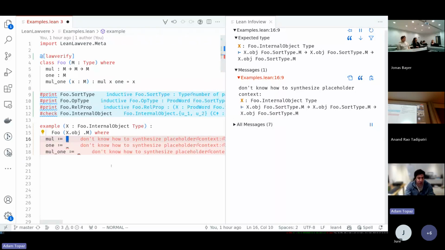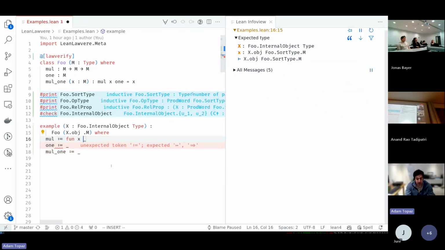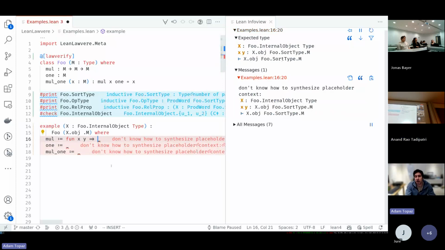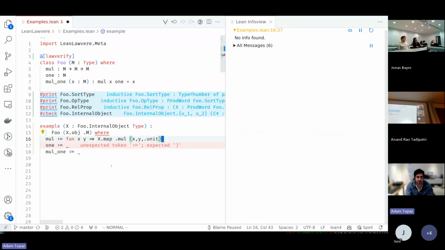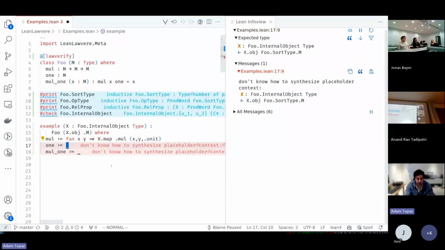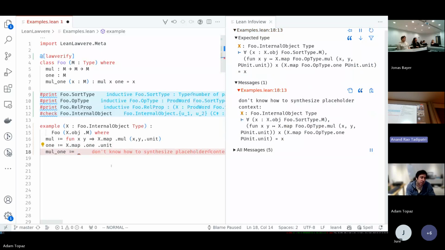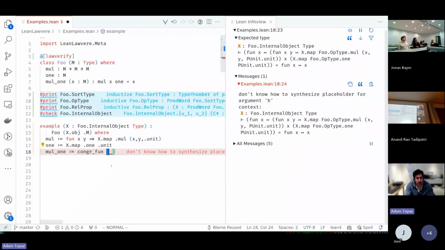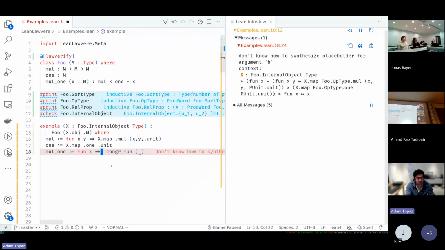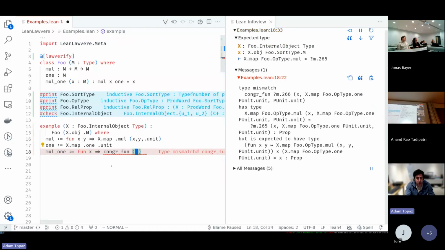For example, the multiplication is going to be the function that sends x and y to x map mul xy unit. 1 is going to be x map 1 unit. Mul 1 is fun or conger fun. Let's say this is going to be x rel.